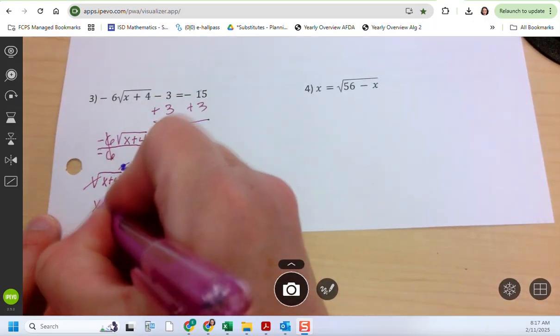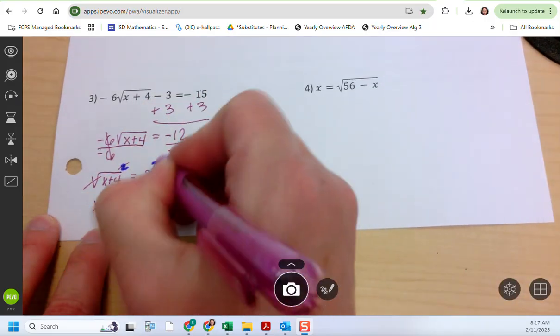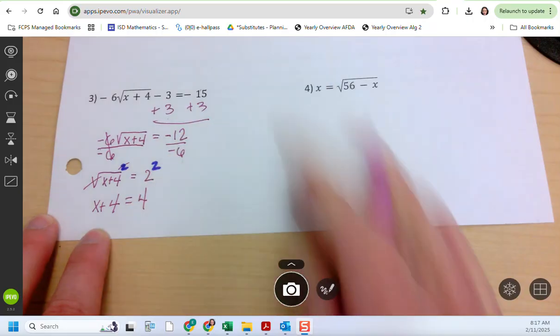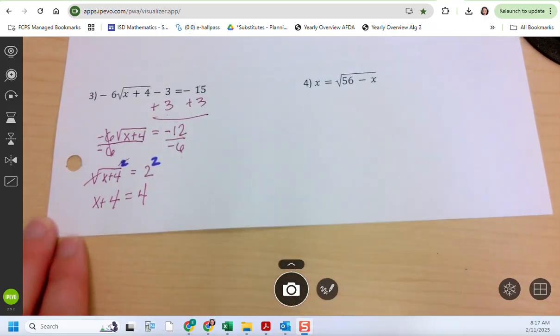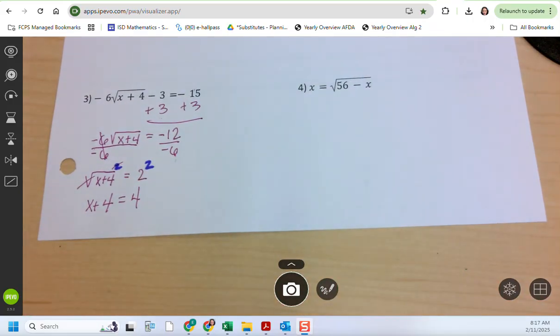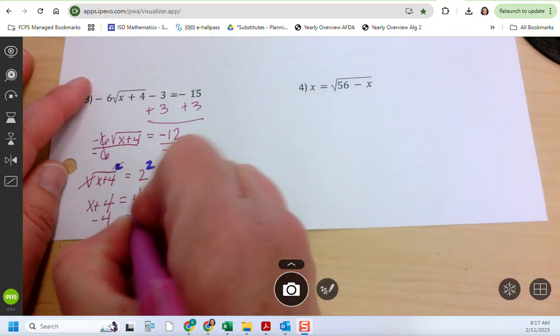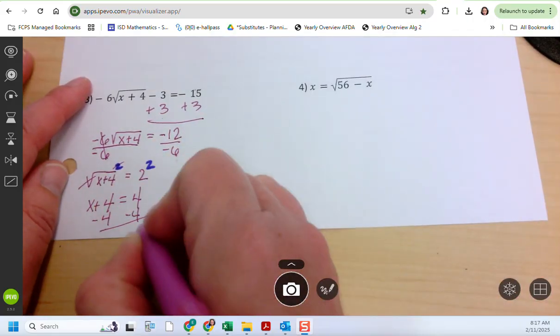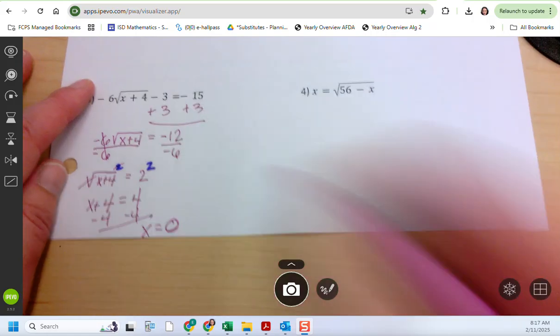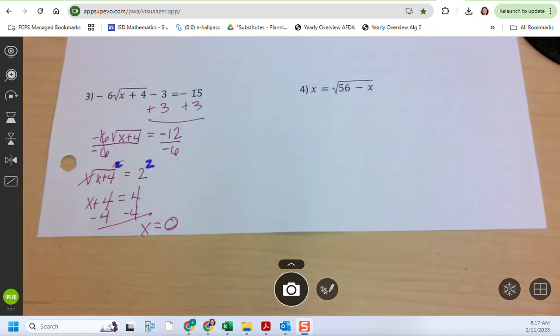So I have x plus 4 equals 2 squared, which is 4. And then solve for x by subtracting the 4. And we get x equals 0. So we've done step 1, isolate the radical, and step 2, solve for x. We're left with step 3, which is check your answers.